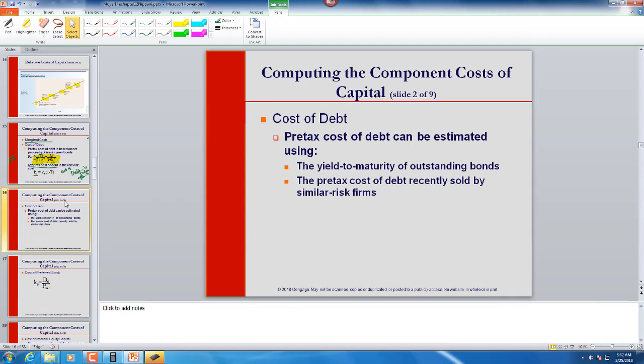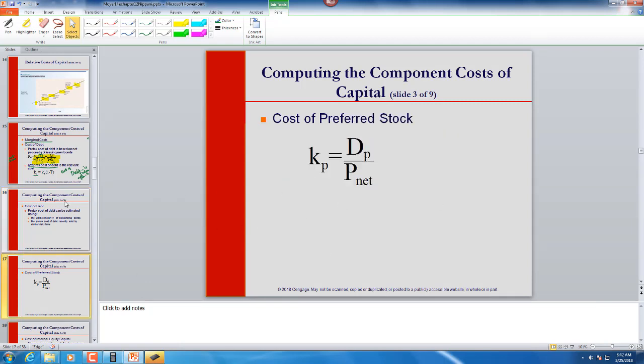Now, remember in chapter 6 you studied that KP is given by DP divided by PO. In the case of preferred stock, here it is DP divided by P net. Again, P net is PO minus flotation costs.